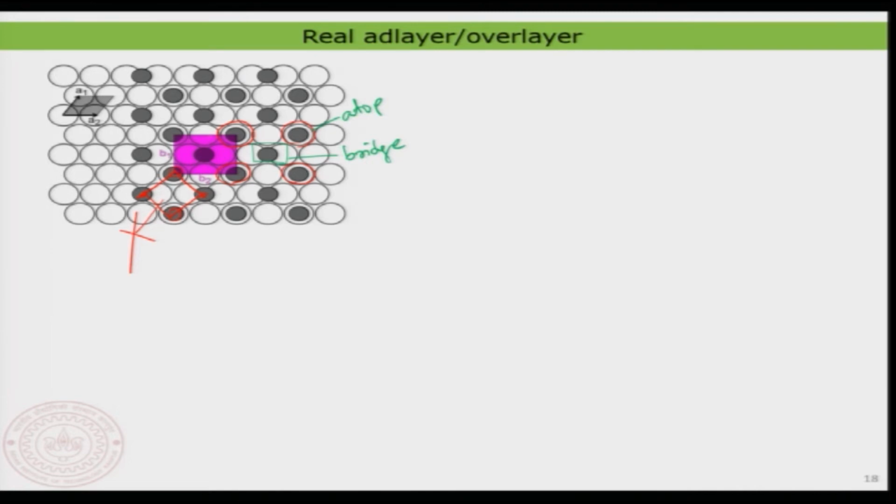The only representation we can use is this one. This is correct and this is wrong. It is all because the add atoms are not represented properly using the other representation. Therefore, please keep in mind that when you represent a real Adlayer, the add atoms that you choose for making the primitive cell or the so called unit cell of the Adlayer have to be always with respect to the surface.